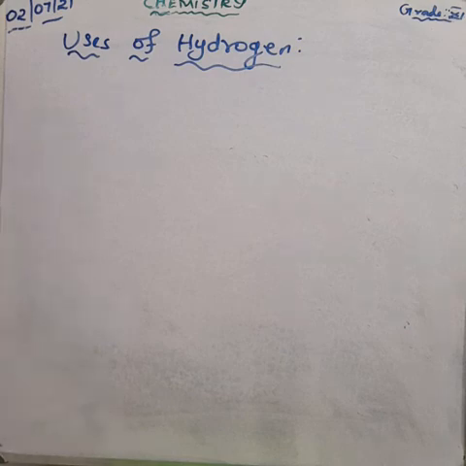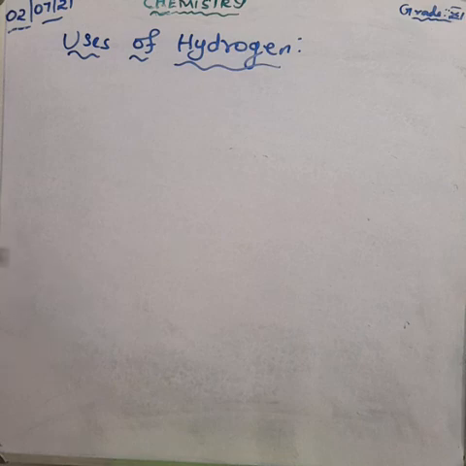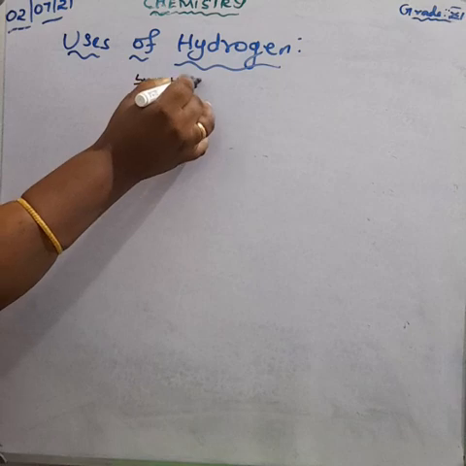Uses of hydrogen. Hydrogen is used for many purposes. There are seven uses given in your textbook, but there are more and more applications for hydrogen. 90% of hydrogen produced in industry is used for synthetic applications.